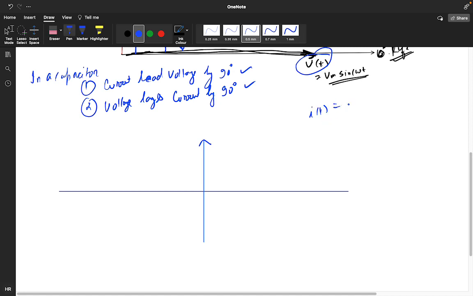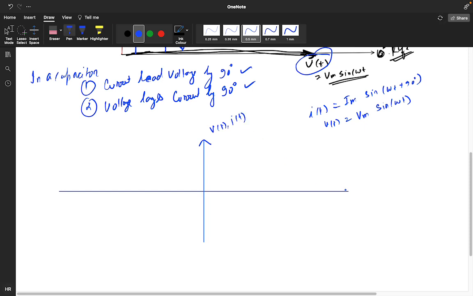I of t is Im sin(omega t plus 90 degrees). What was V of t? Vm sin omega t.